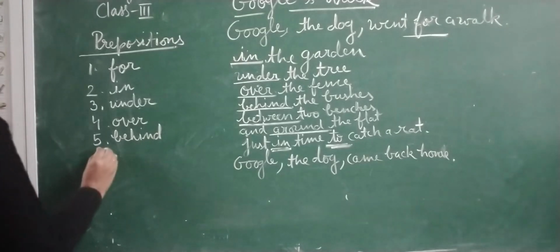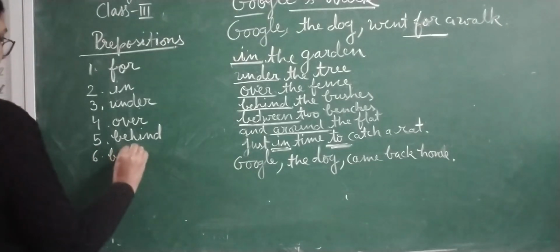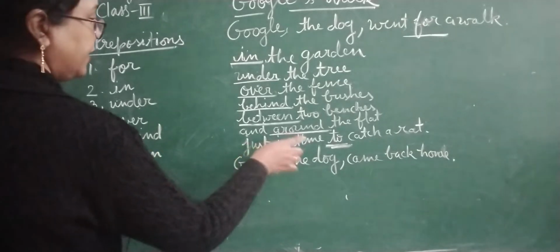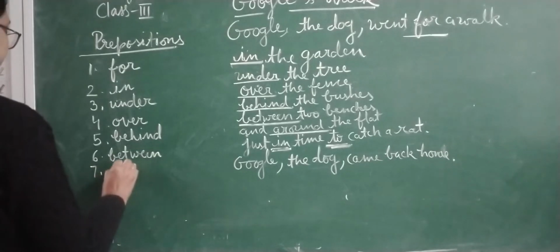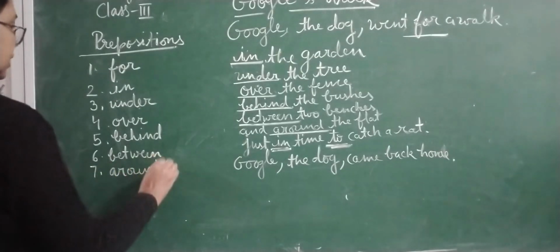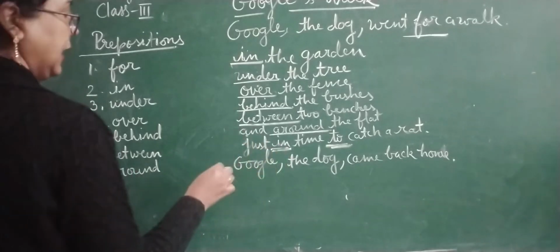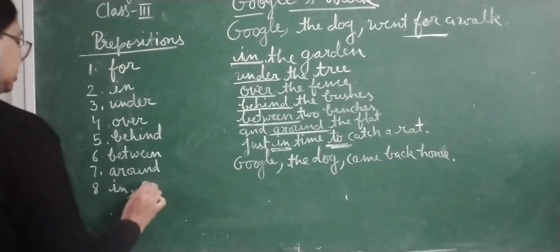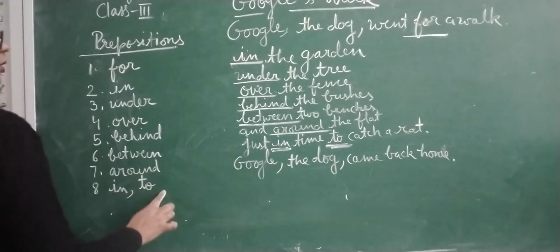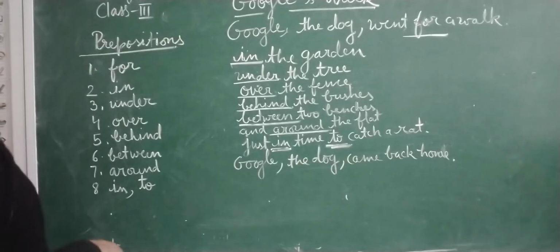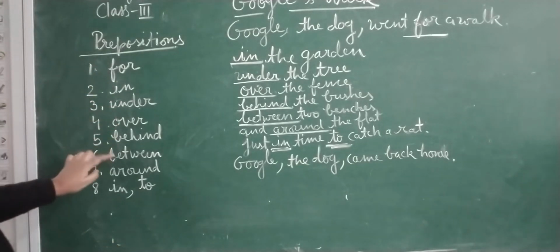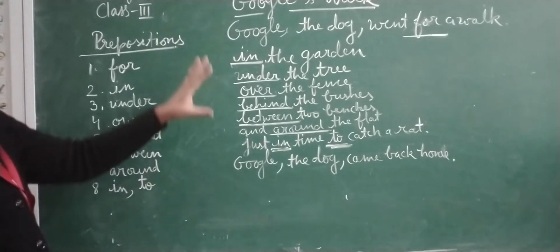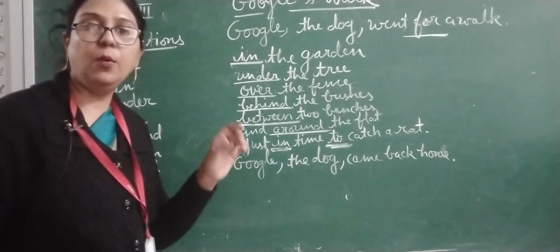Sixth is between. Seventh is around. Eighth is just in time, in and to. Now here are 1, 2, 3, 4, 5, 6, 7, 8 and 9. Nine prepositions you can find in this very short poem.